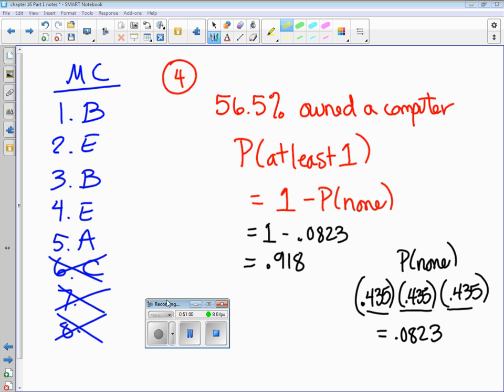Yes, ma'am. Was that the same formula for question 8 and 9 as the previous one? Okay, let me look. Yes. Well, yeah, for 9 definitely, because you have to find the none probability first, and then you have 1 minus that.